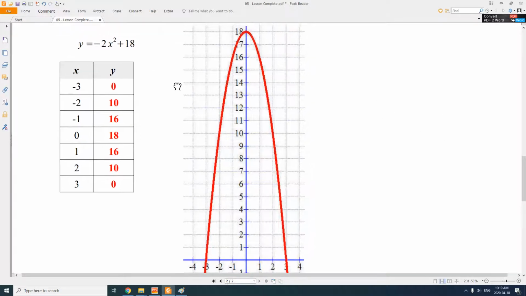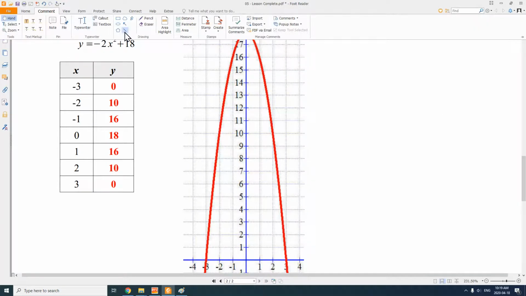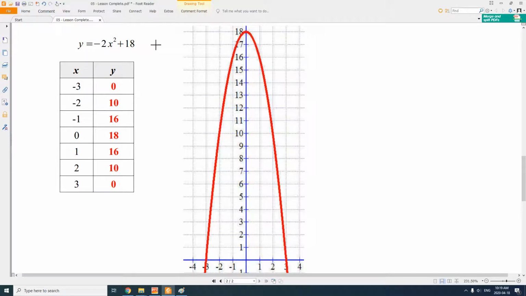Let's check what our step pattern is here. You can maybe guess before you even get there. Look at that a value. Maybe you can guess what the step pattern is. From my vertex, over 1 and down 2. Then we went over 1 and down 6.